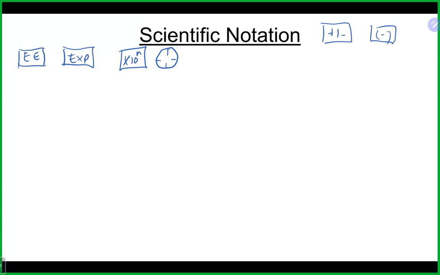So let's talk about how we would punch a number into the calculator correctly using scientific notation. Let's just say we had 1.25 times 10 to the minus 6, and we wanted to type that correctly into our calculator. I'm going to talk about these 2 buttons first, and then I'll come back to the combination over here.